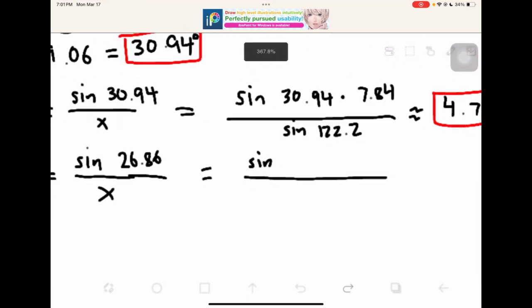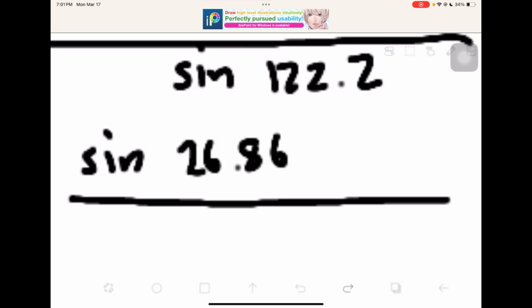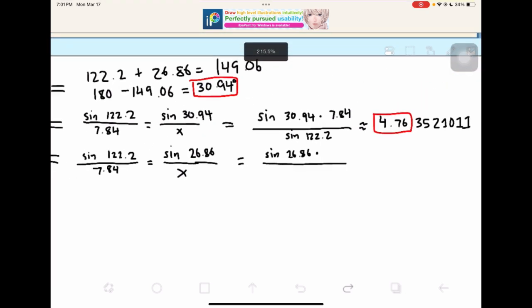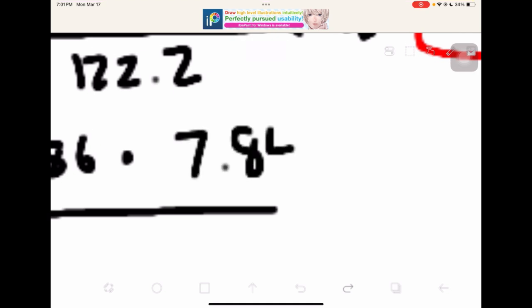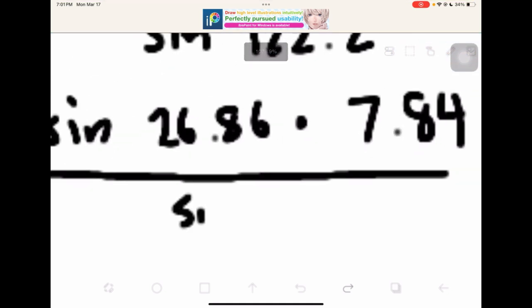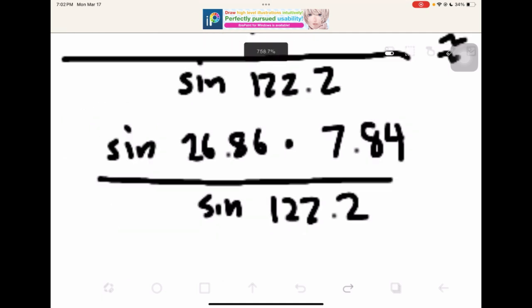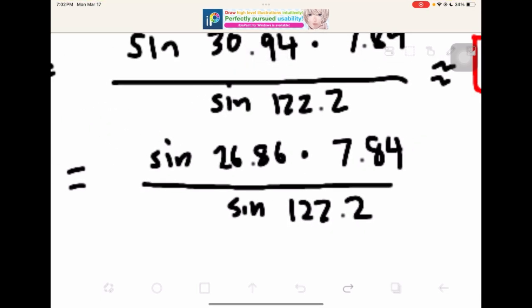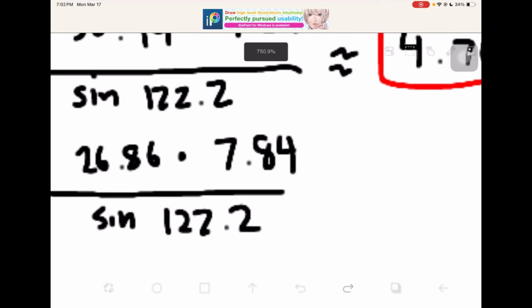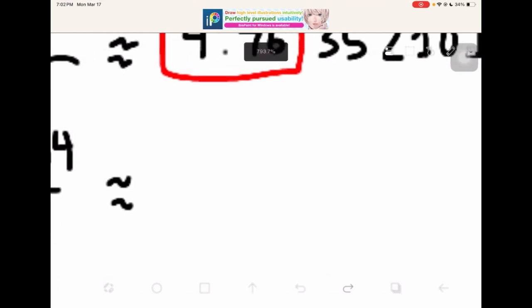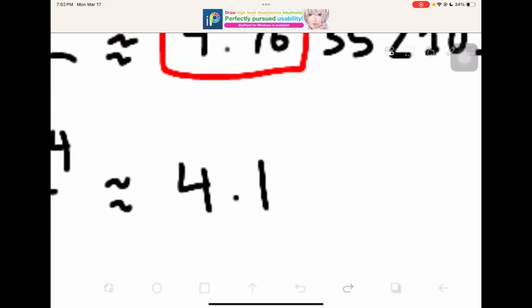Sine 26.86 times 7.84, sorry, is equal to sine 122.2. So we're going to put that in our calculator. Sine 26.86 times 7.84 all over sine 122.2. That'll give us an approximated value of 4.19.